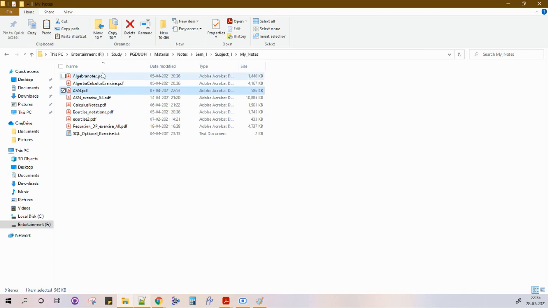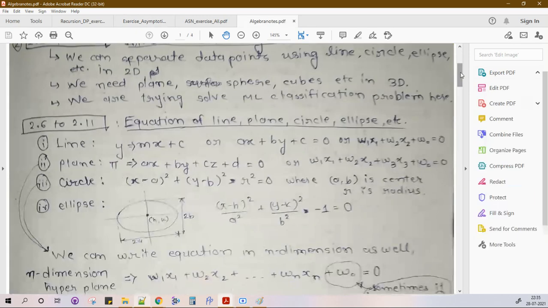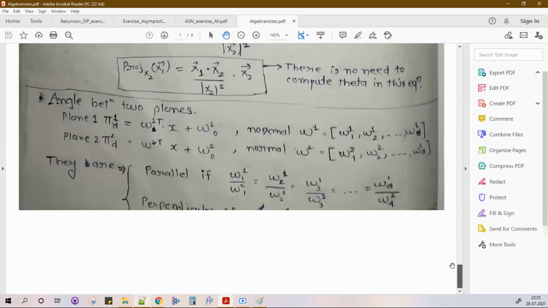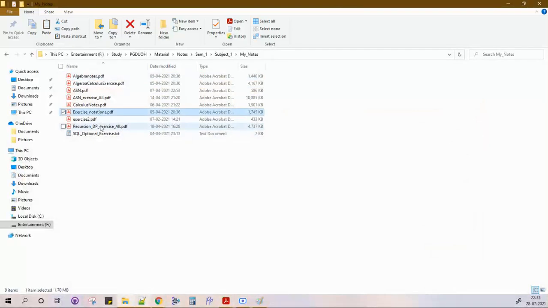So let me open the notes. Algebra notes, maybe this is the one. Recursion is not here. Algebra calculus is a PDF.